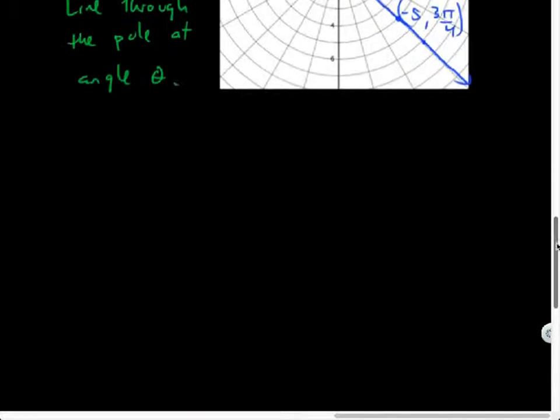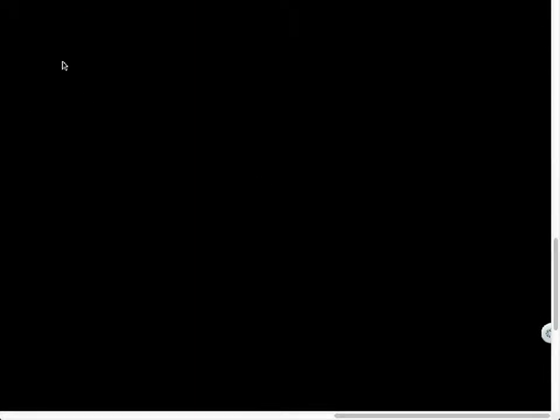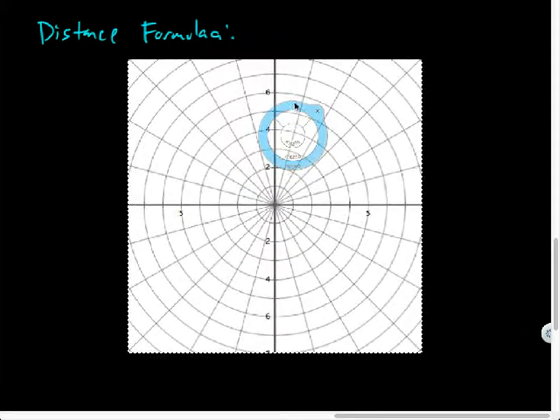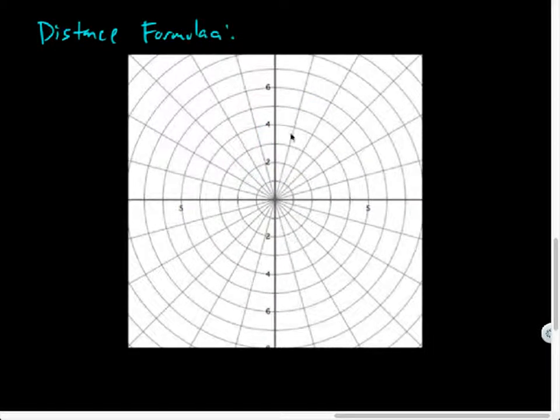All right, the distance formula in the rectangular coordinate system was all based on, the little derivation I'm doing here you won't have to write down, our x and y values, horizontal and vertical, and we actually kind of broke it into a right triangle, and the distance formula was just the Pythagorean theorem.